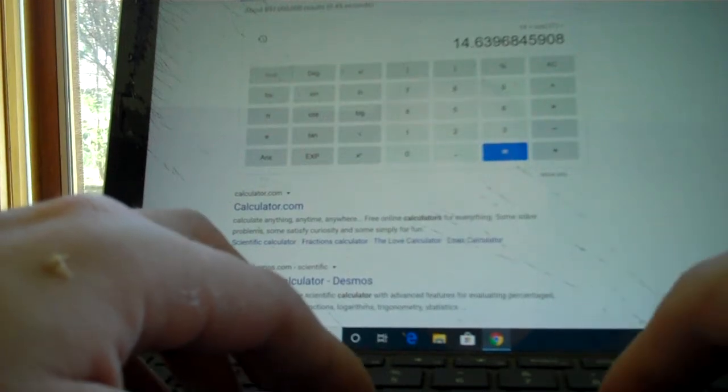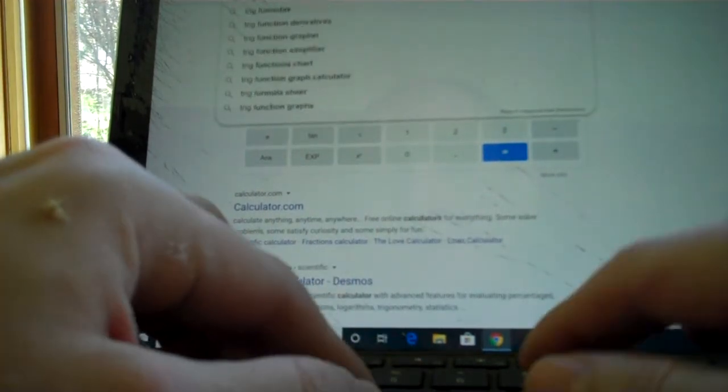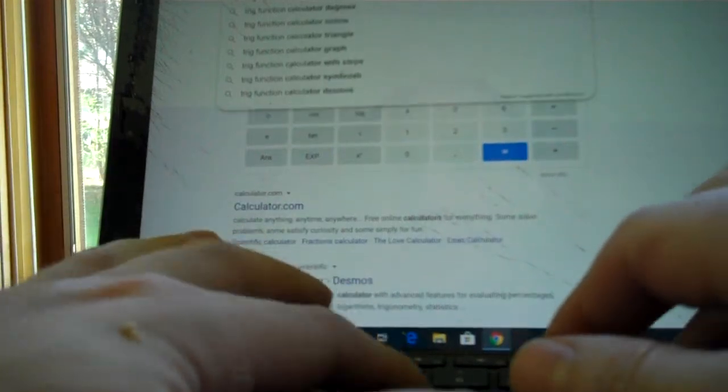You need to Google Trig function calculator.